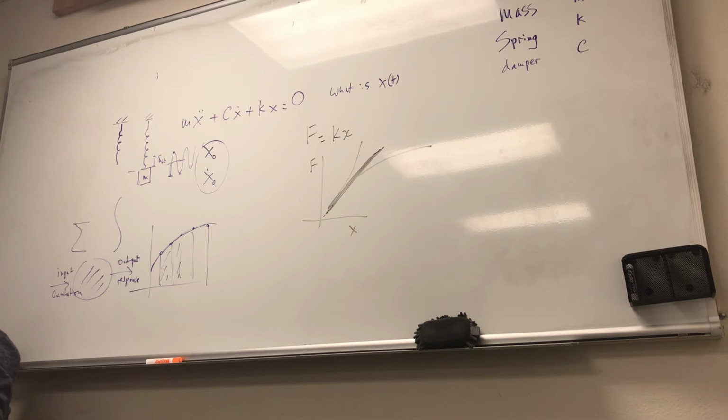The advantage of Laplace transform is it turns an ordinary differential equation into an algebraic equation. That's really cool. And algebra is easier to handle. The only problem is you have to do inverse Laplace to find the time functions. But we'll deal with that later.